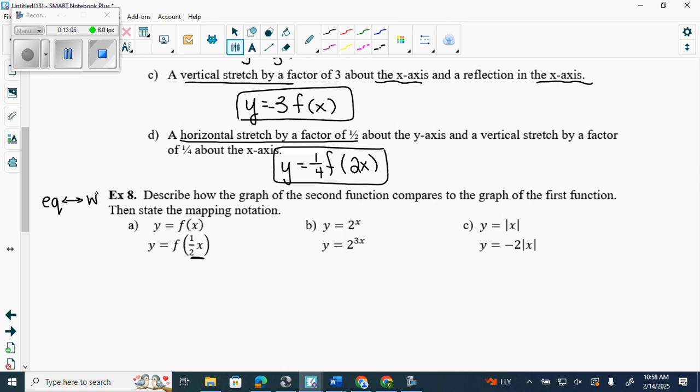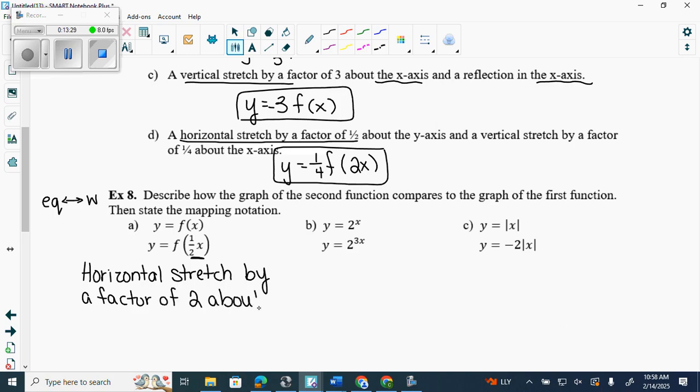So I have a half in my equation. What am I going to have in my words? A 2. So I'm going to have a horizontal stretch by a factor of 2 about the what? The y-axis.